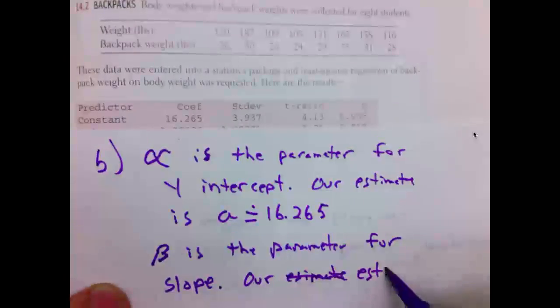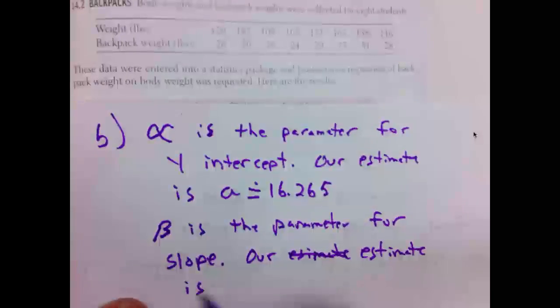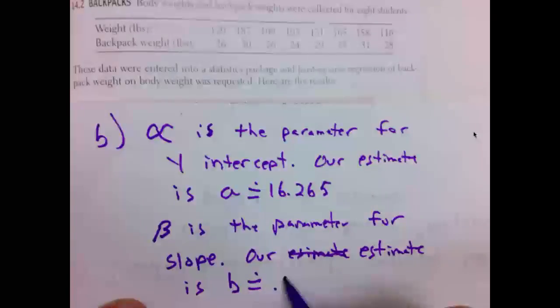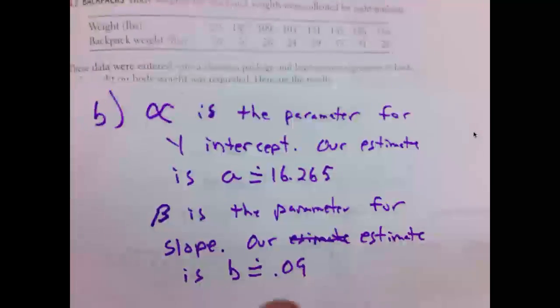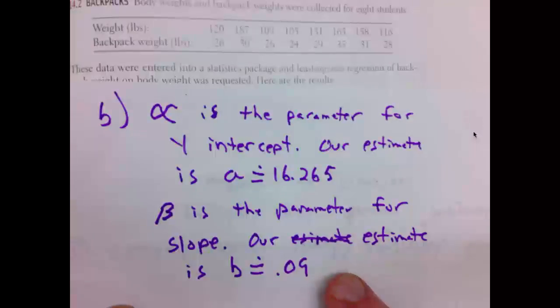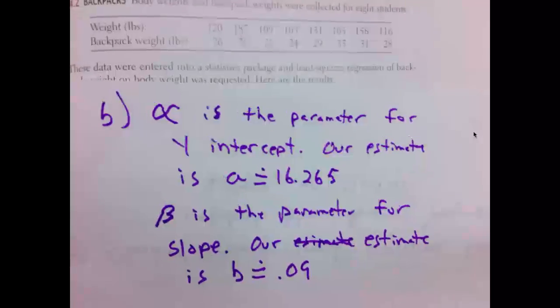Our estimate is the statistic b, and that's approximately 0.09 in this case. Change in y, change in x: change in backpack per 1 pound of body weight.